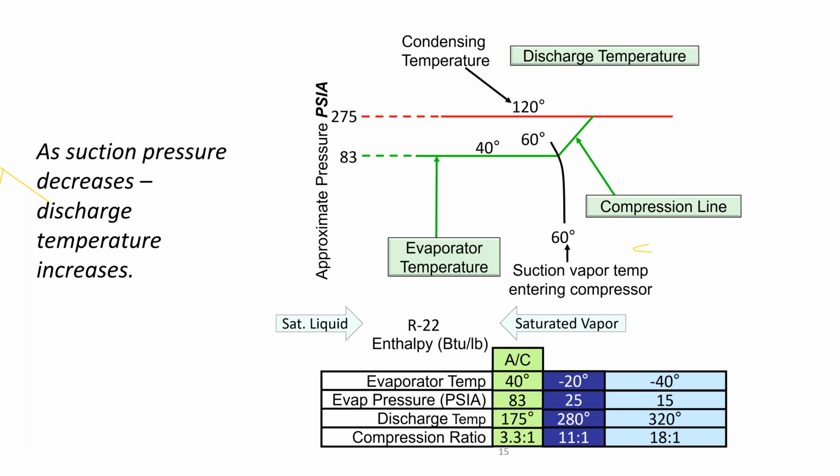And then the compressor discharge temperature at 175, where it crosses over the saturated condensing temperature. Again, for the freezer at minus 20 with a 25 psi evaporator, same discharge temperature. Compression ratio is 11:1.